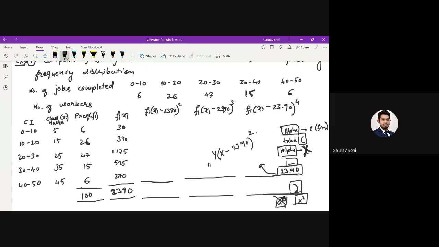If there is any problem, you can stop me because I don't have a calculator. I'm just dictating the steps. I may be wrong somewhere. Is this on your screen? Y times x minus 23.90 square? Yes, sir. Now, once you have this, then this is the crucial step. Press the CALC button.